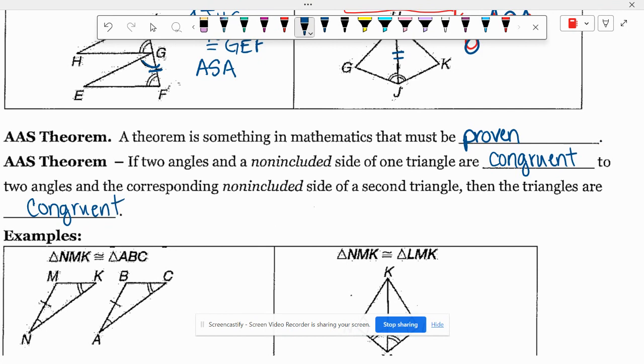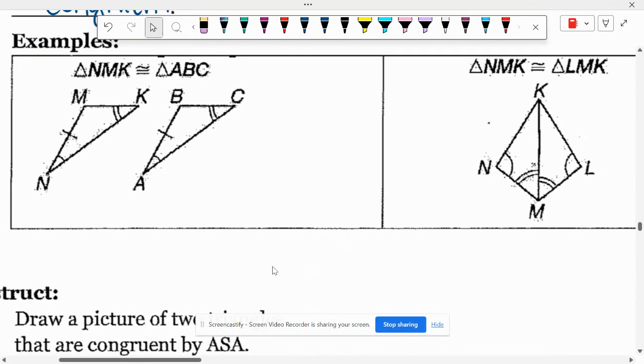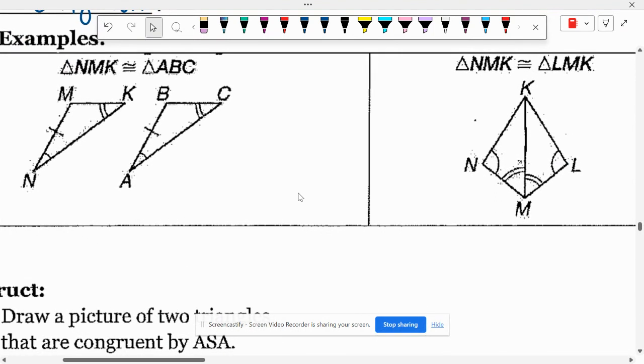So when I look at the next two pairs of triangles, and I'm going to make it big so you guys can see, I have angle, side, angle, side. So I want to show you kind of what this looks like.